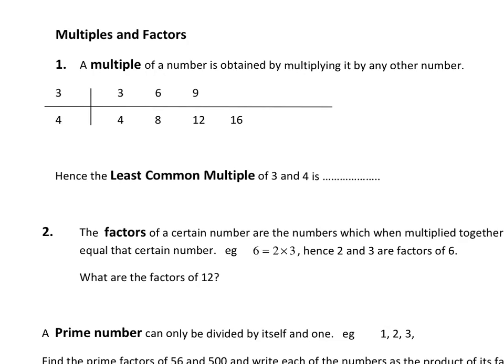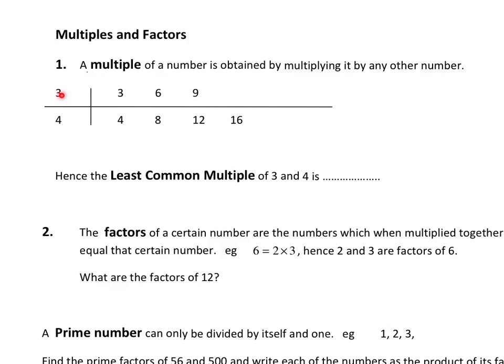What's a multiple? Well, a multiple of a number is obtained by multiplying it by any other number. We've talked about multiples of 10, multiplying any number by 10, and that means we add the appropriate number of zeros.